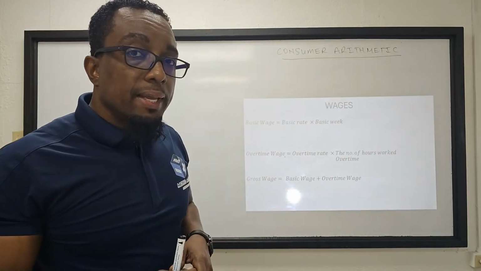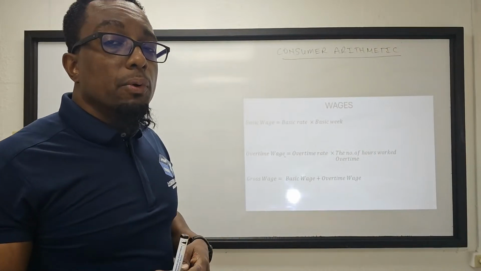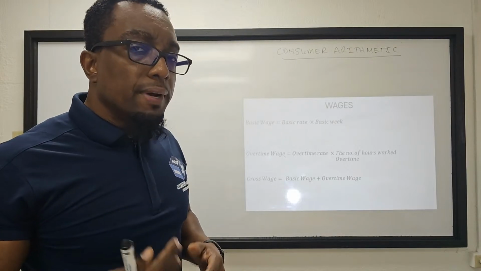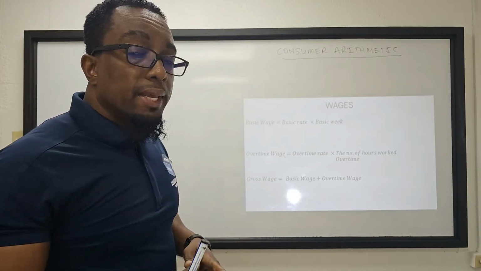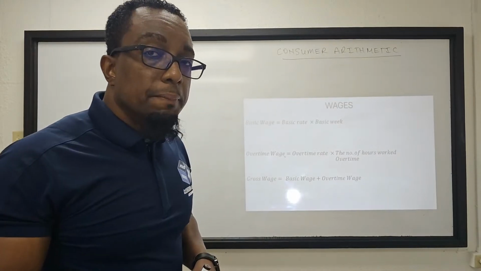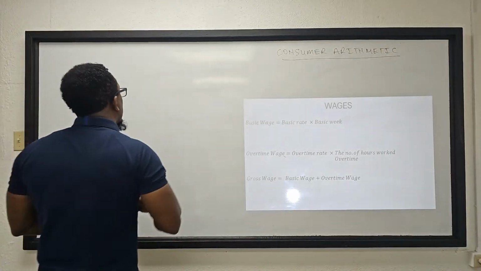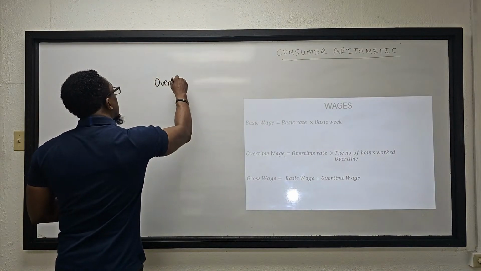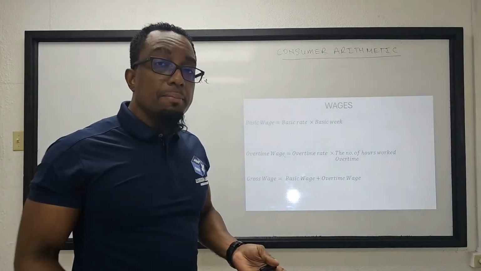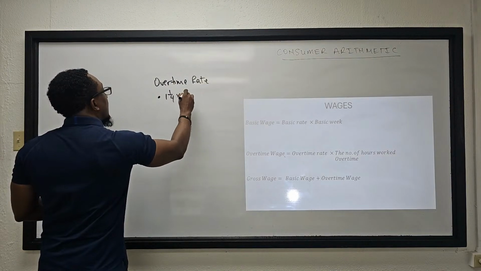The overtime wage, of course, when you work additional hours, within the week, you may work over the weekend. So working overtime, there's a wage for such known as overtime wage, and it is the overtime rate multiplied by the number of hours worked overtime. Now the overtime rate, you can be paid time and a quarter, and that is 1 1/4 times the basic rate.